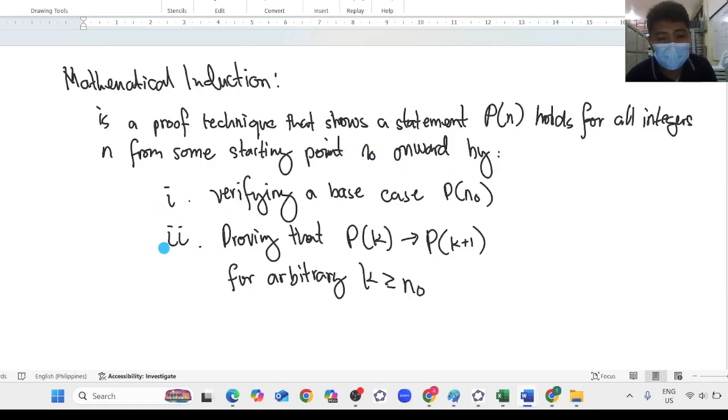We need to verify two things: a base case, P of n sub naught, for the initial value of n, then the hypothesis, assuming the statement holds for n equal to k. Then we go to the induction step for k plus 1, for arbitrary k greater than or equal to n sub naught. So let's have an example for that.